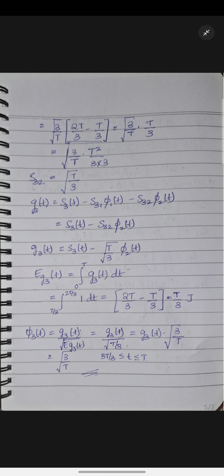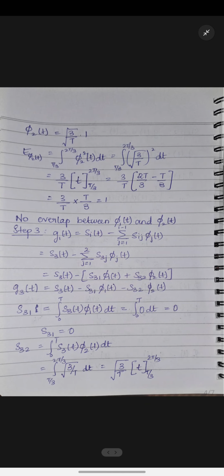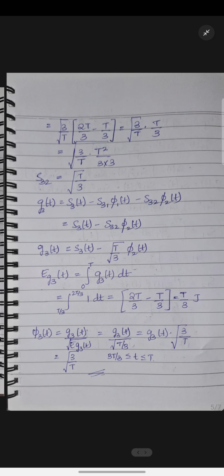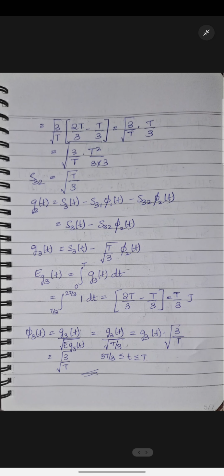We get that s31 is equal to 0, therefore the term s31 into phi 1 of t will become 0. Then we'll get s3 of t minus s32 into phi 2 of t. g3 of t is equal to s3 of t, and we'll substitute the value of s32, that is root of t by 3, into phi 2 of t.